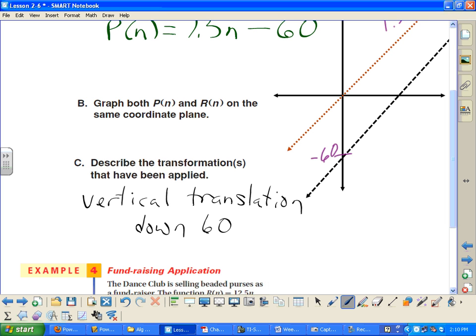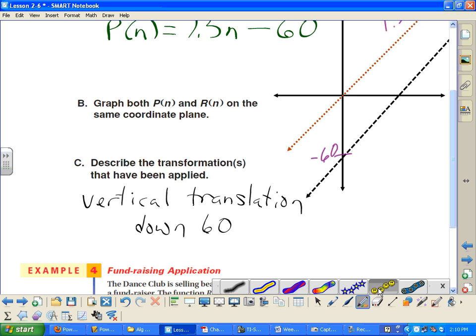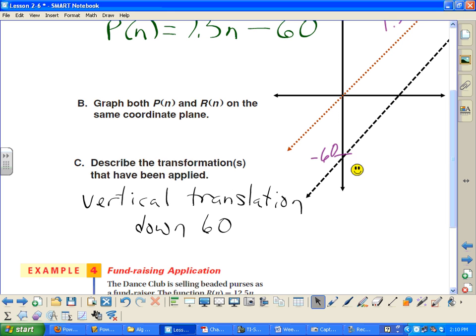Because we're moving the graph down 60 because we went from 0 here to down here to negative 60. That's a vertical shift or vertical translation. Okay? I know. You're going to have to take your time with these.